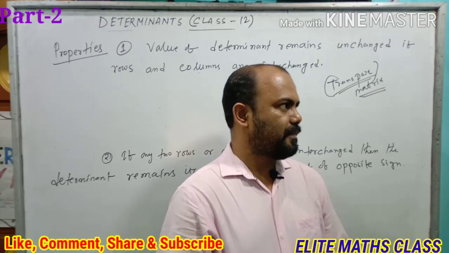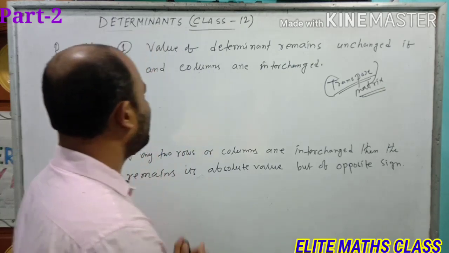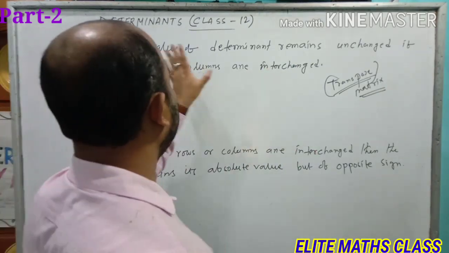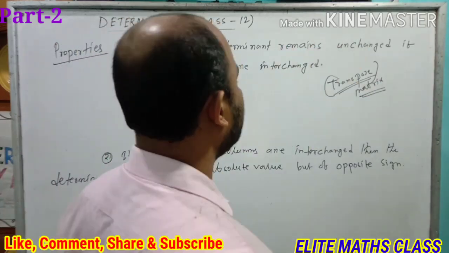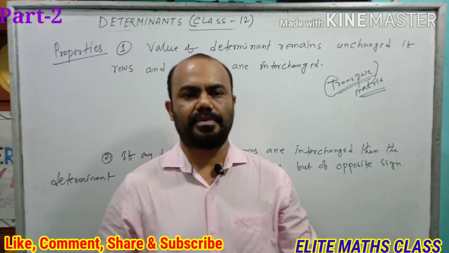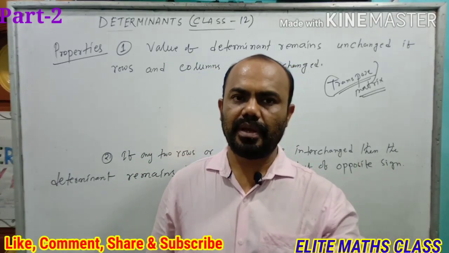The first one is: if the rows and columns are interchanged, then the value of a determinant remains unchanged. That is, in a determinant the number of rows is always equal to the number of columns.